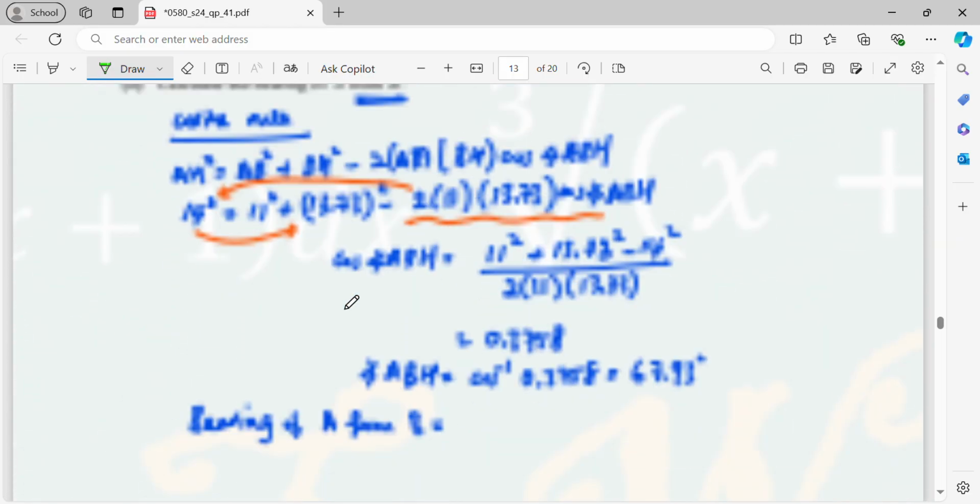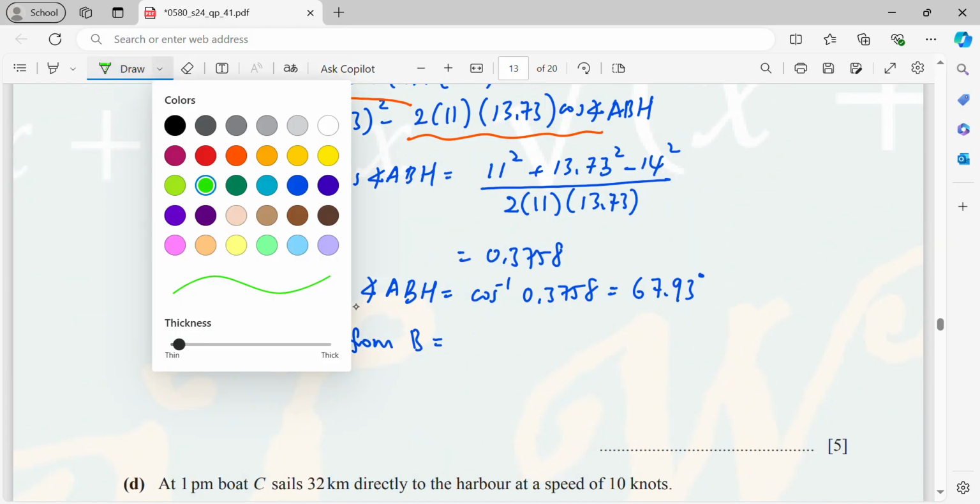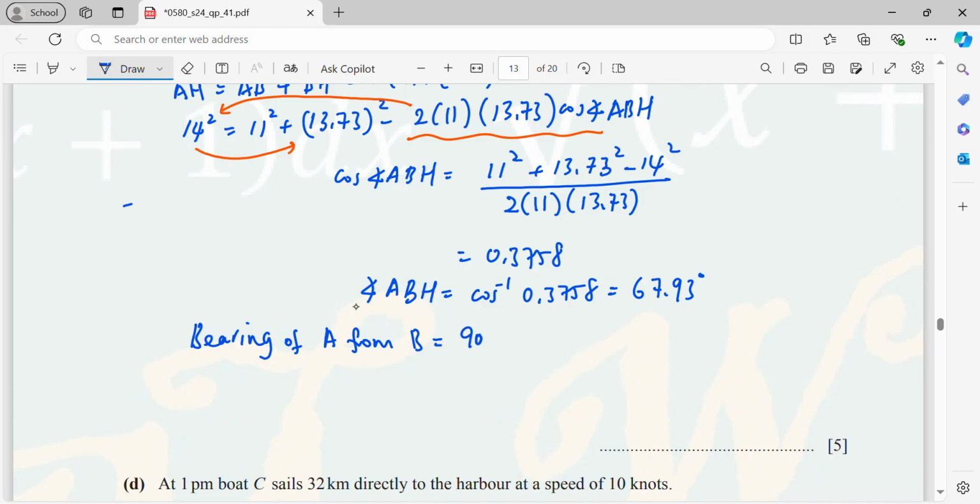So therefore, here is going to be 90 degrees plus 100 degrees plus 67.93 degrees. And at last, you are getting 257.93 degrees. And now for bearing, since this is in degrees, we have to give our answer in 1 decimal place. So this is your bearing, 257.9 degrees.